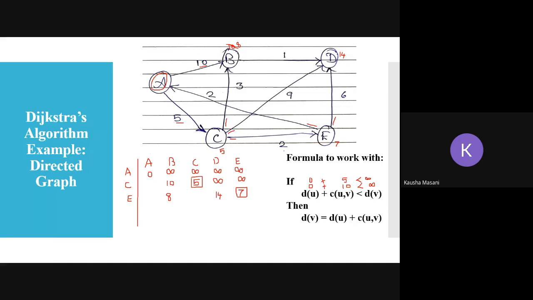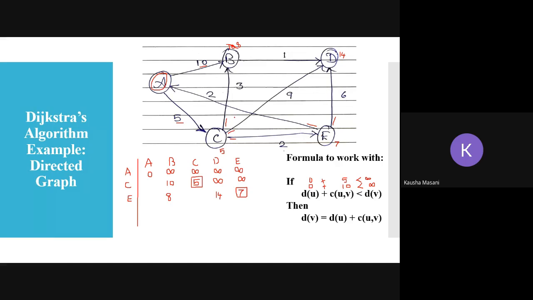For A, from E to A, that is 7 plus 2, so that is 9. But we are not going to explore A. Why? Because that is our source. In Dijkstra's algorithm, A is what we have considered as source.